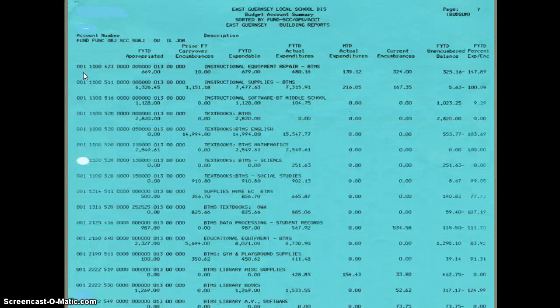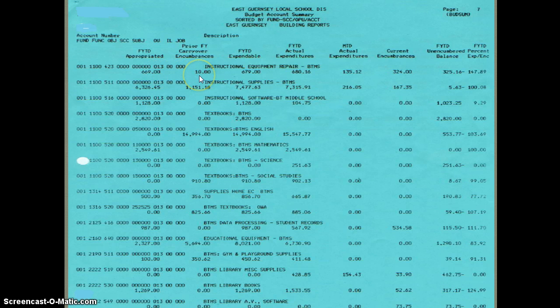This line item represents the appropriation and expenditures for regular instruction equipment at the Buckeye Trail Middle School. As you can see, the description is provided on the report, which makes knowing the specific codes for the building principal less significant. Notice that we have $669 appropriated for the fiscal year.